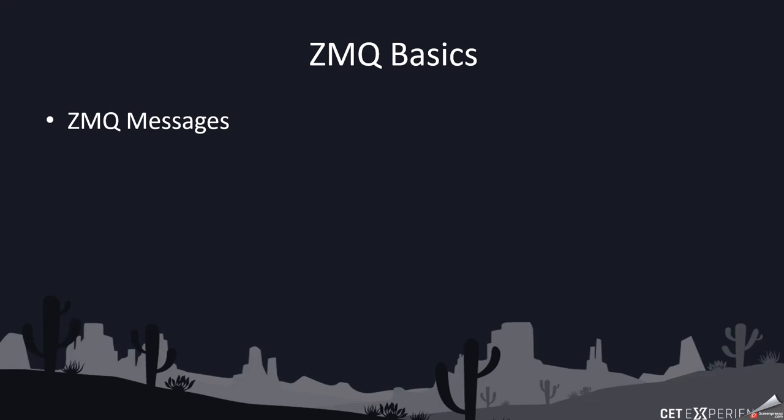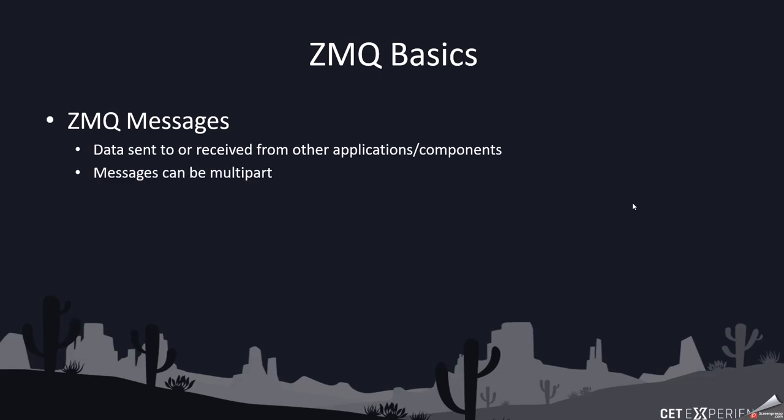And then finally, we've got our messages. The message is basically what we're passing back and forth between the applications. These are typically strings. Your messages could be like a command, or I suppose a chat message if you're doing a chat application. If you have long messages, you can do multi-part.